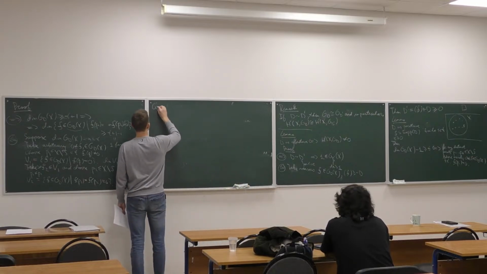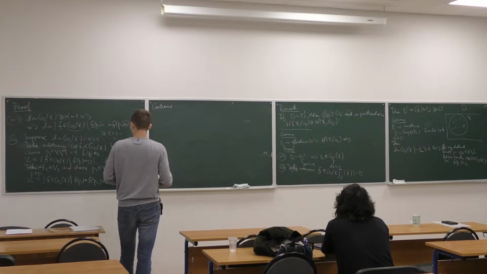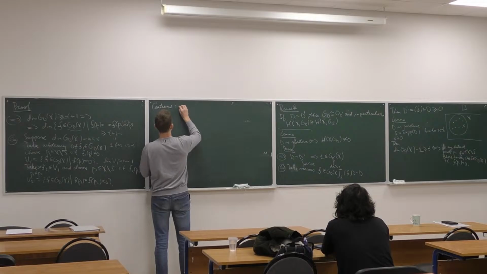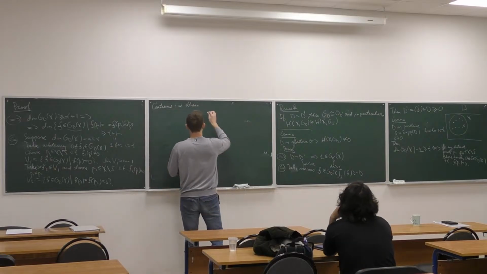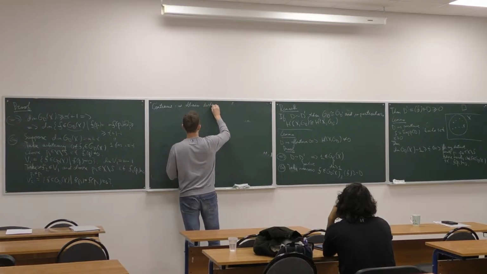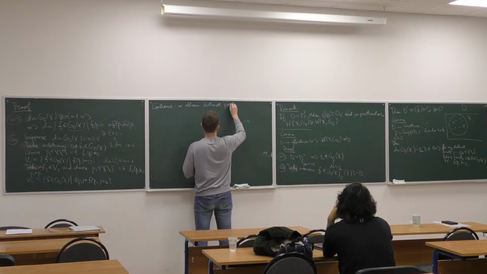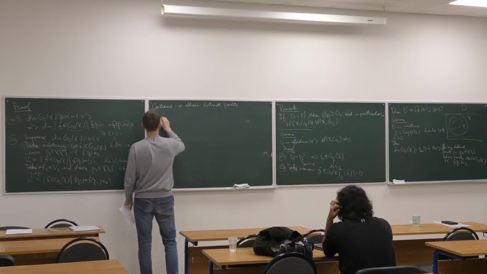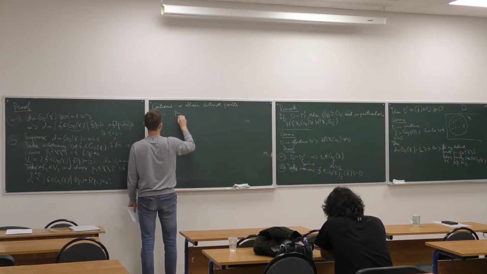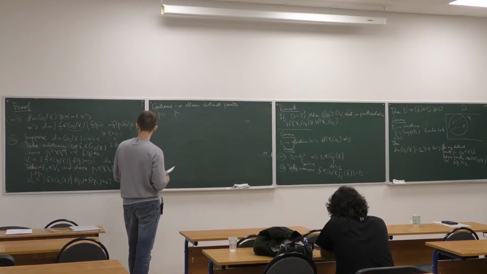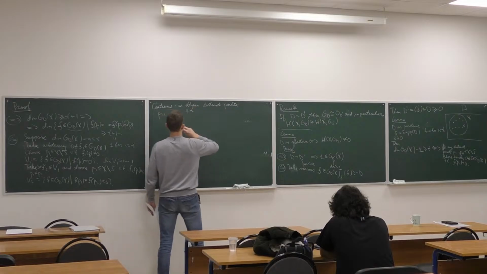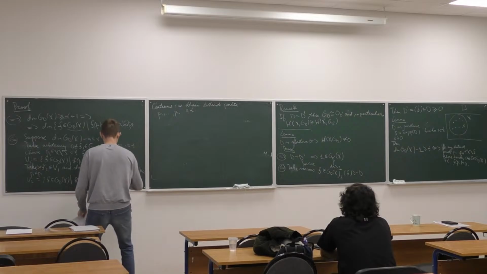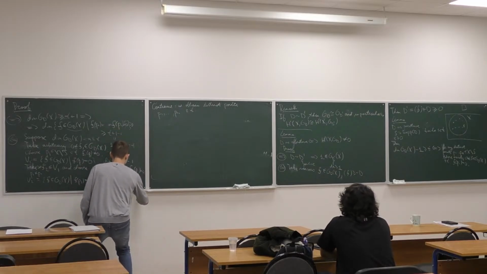Then you continue. So then we obtain distinct points p1, ..., pm such that you define this space, and the dimension of the previous space is m minus 2.